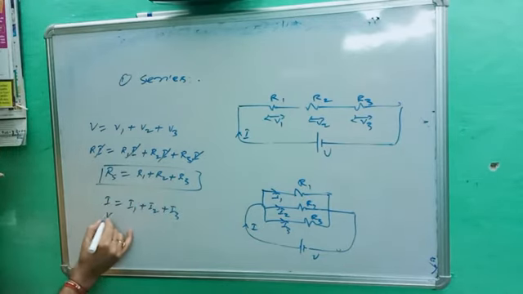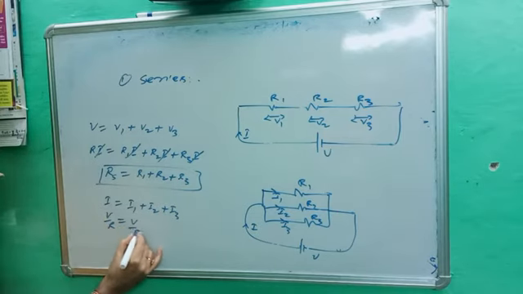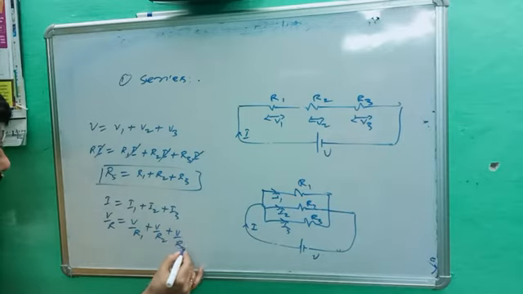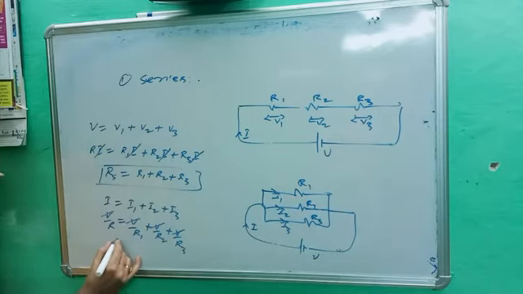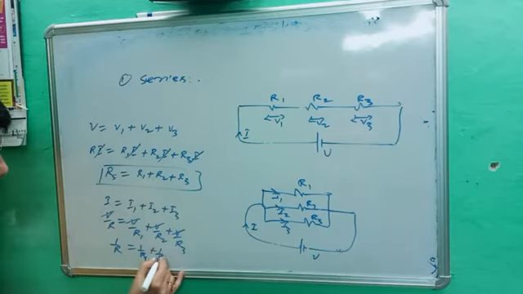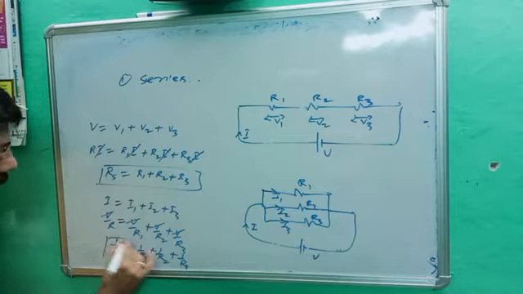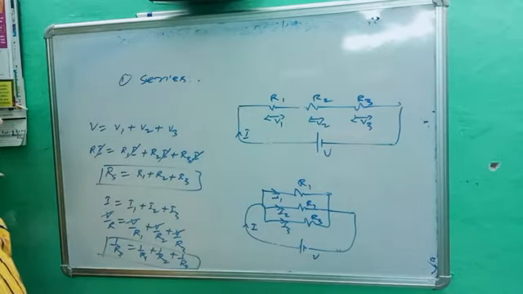I is equal to V upon R, which is V upon R1 plus V upon R2 plus V upon R3. V is common and cancels out. The answer: 1 upon R is equal to 1 upon R1 plus 1 upon R2 plus 1 upon R3. This is the formula for parallel combination.